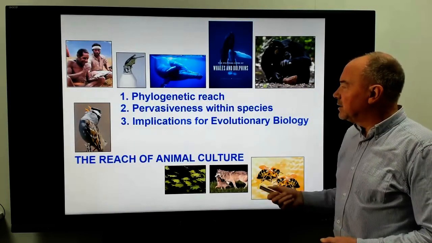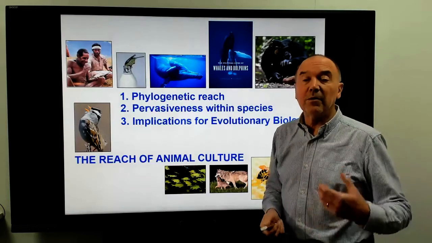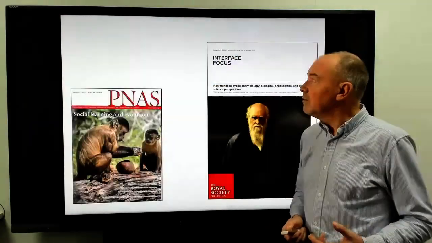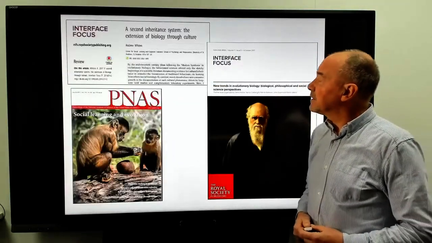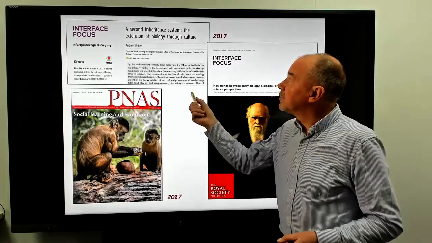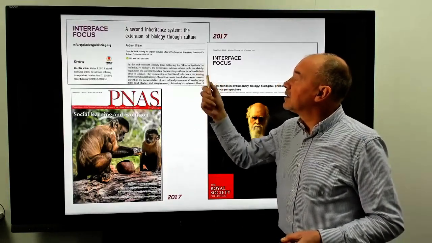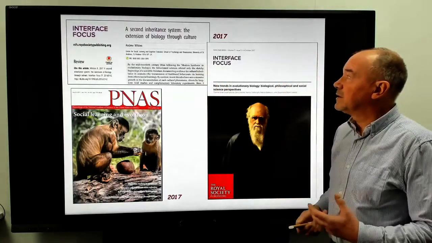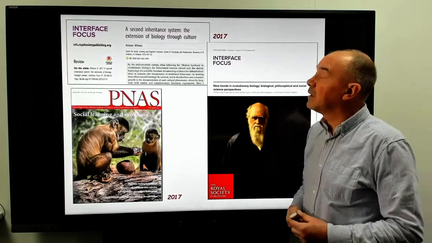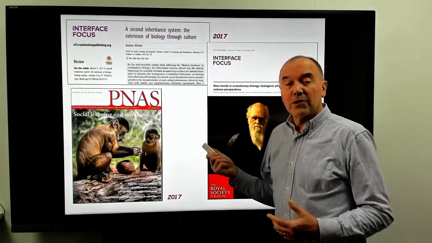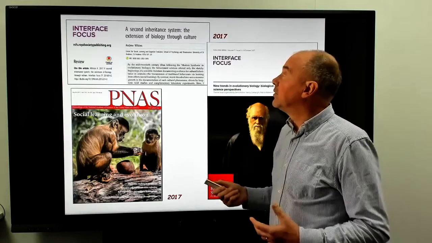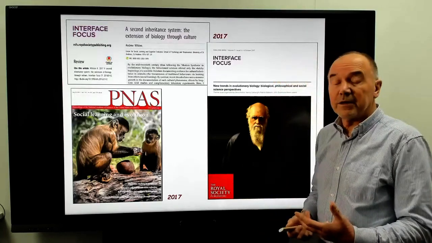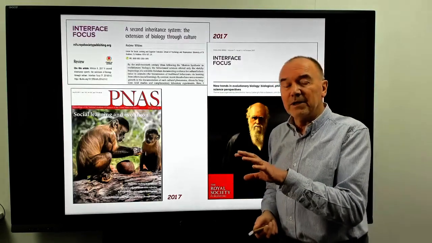What about the implications for evolutionary biology more broadly? Well, I've written about this in various ways. Here's one paper, the title being A Second Inheritance System, the Extension of Biology Through Culture. What I was talking about here as a second inheritance system is as follows.